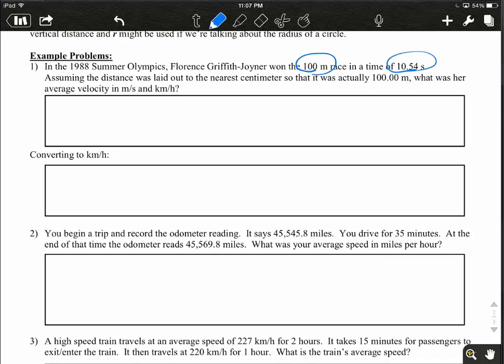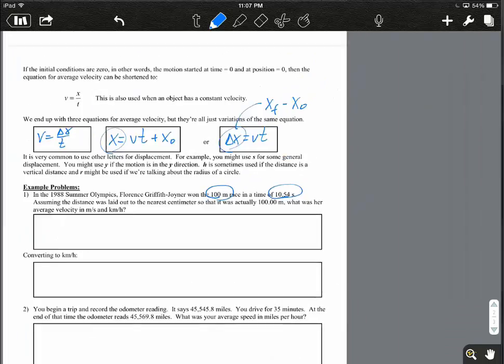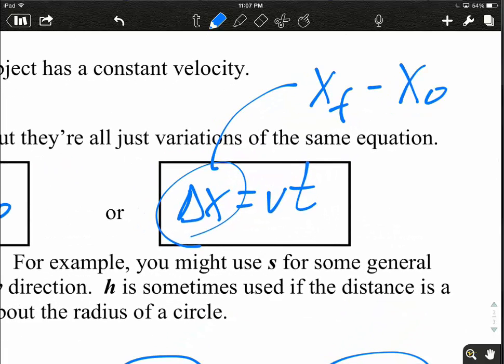Assuming the distance was laid out to the nearest centimeter so that it was actually 100.00 meters, what was her average velocity in meters per second and kilometers per hour? Now just realize a lot of times velocity and speed are going to be interchangeable. If they say what's the speed, just use this equation. But basically instead of change in position, you could think of distance equals speed times time.